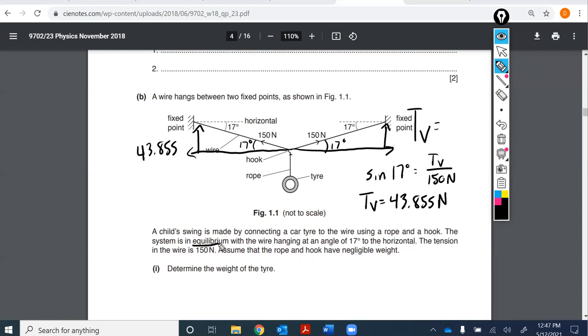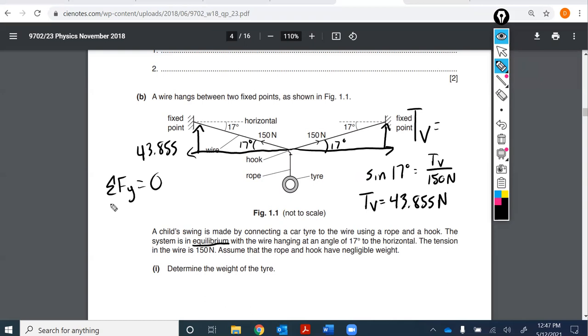And so the key ideas with equilibrium is there's no net force, no net torque. And so the sum of the forces in the y direction have to equal 0. And we can already see that there are 43.85 plus another 43.85 acting up. So we'll double that.